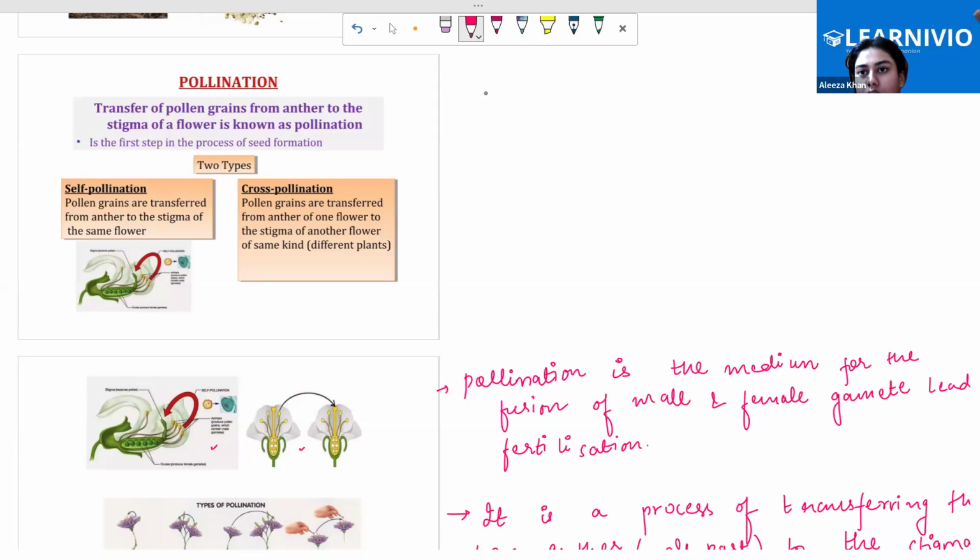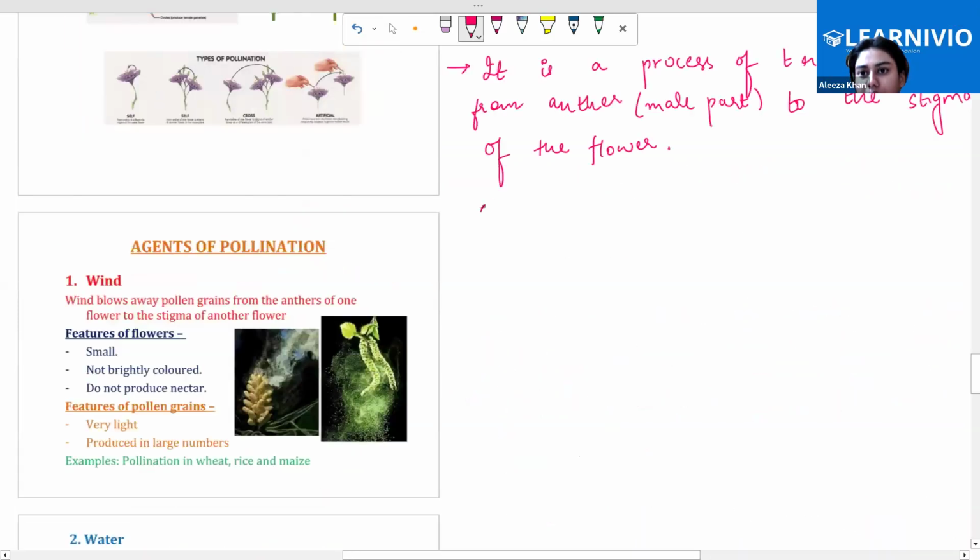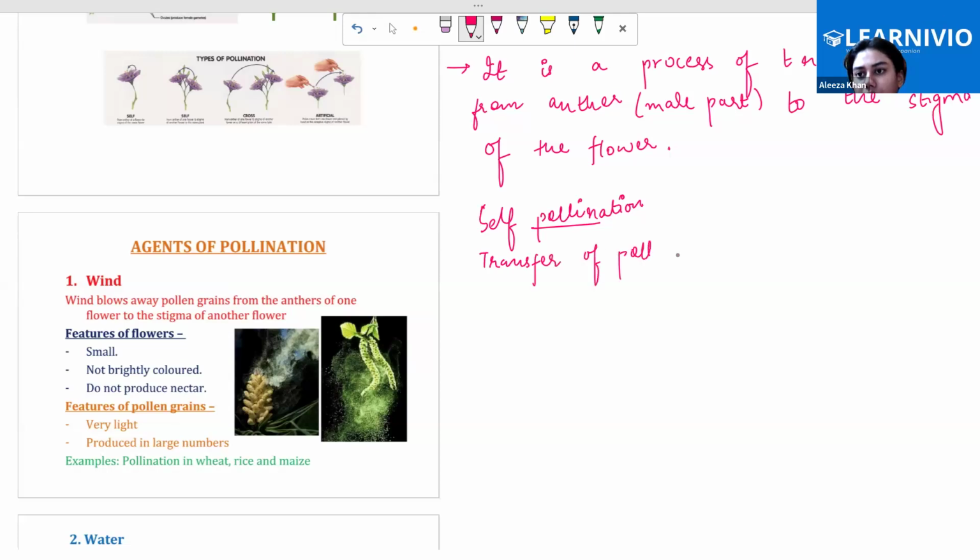Okay, ma'am. So you can write self-pollination first. That is transfer of pollen grains.